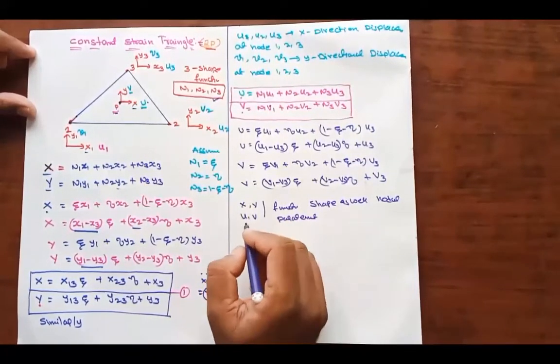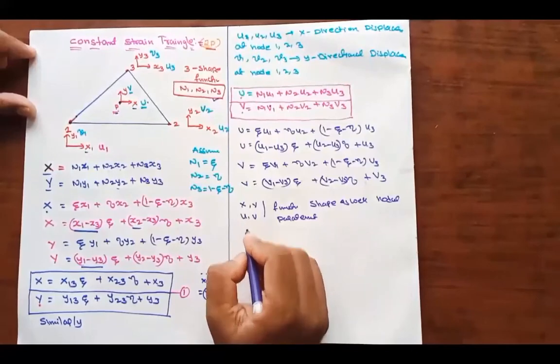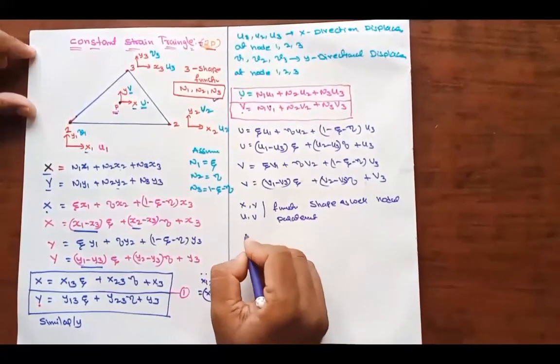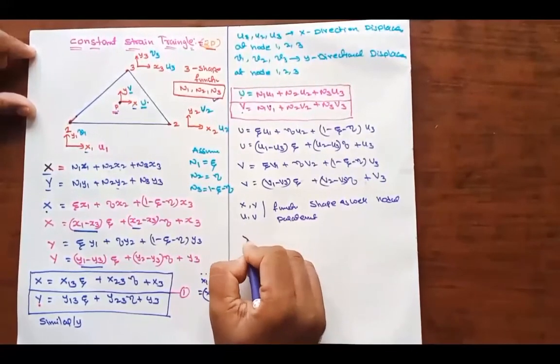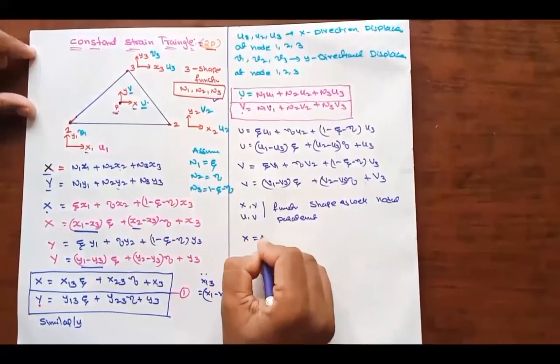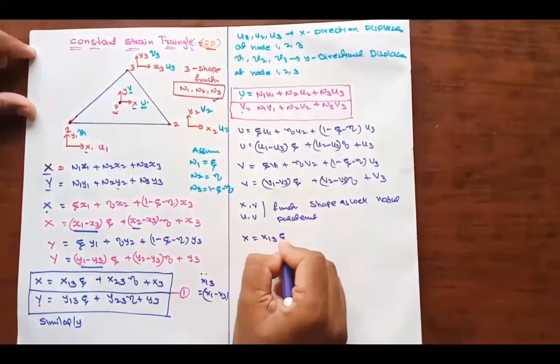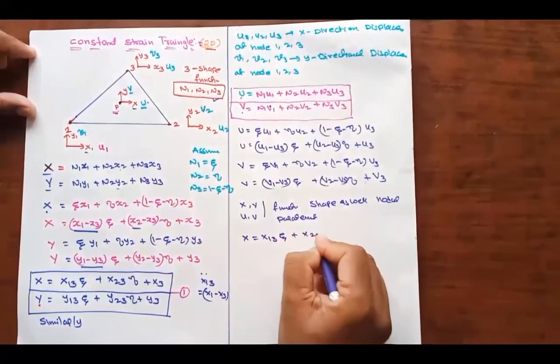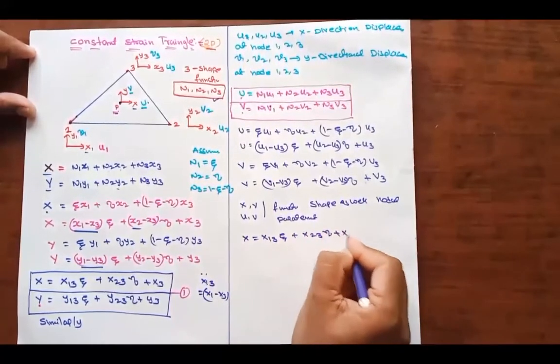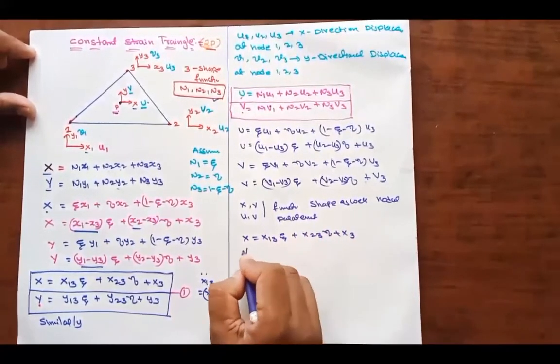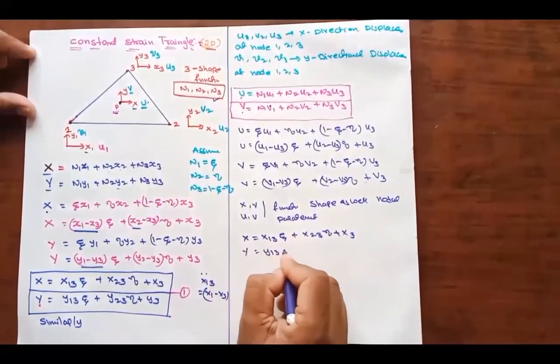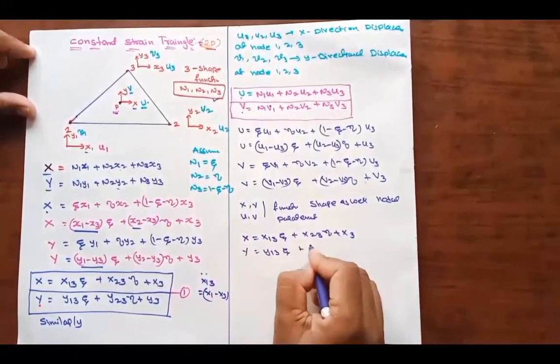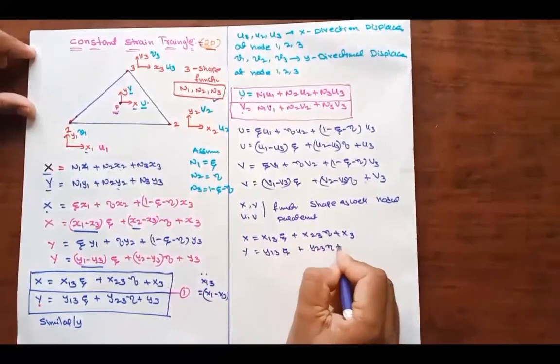Therefore it is possible to say that the isoparametric representation is nothing but x equals x13 into zeta plus x23 into eta plus x3, and y can be written as y13 into zeta plus y23 into eta plus y3.